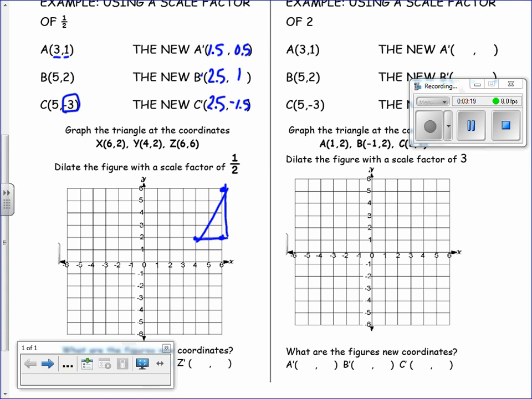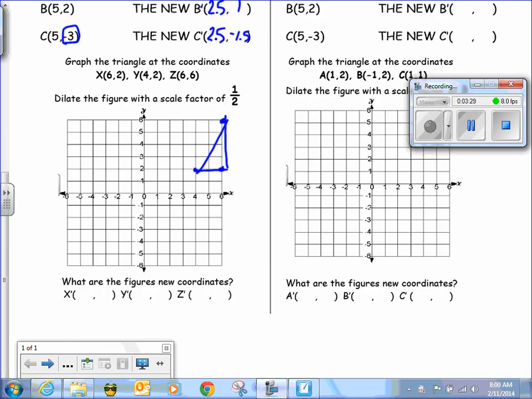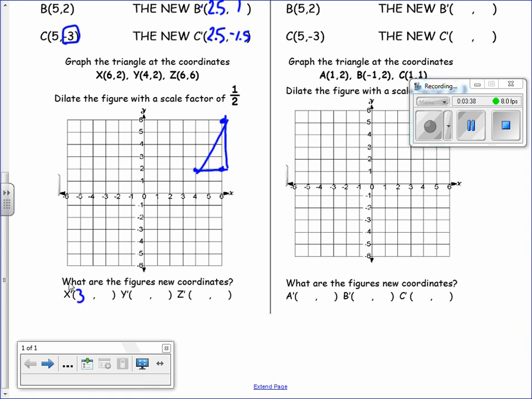Okay, so now it says dilate the figure with a scale factor of 1/2. So what I'm going to do is multiply each of these values by 1/2. If I multiply 6 times 1/2, my x prime point is going to be 3. And 2 times 1/2 would be 1. So over 3 up 1. If I multiply 4 by 1/2, 4 times 1/2 would be 2. 2 times 1/2 would be 1.